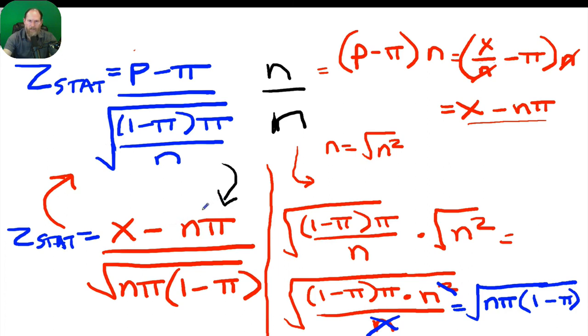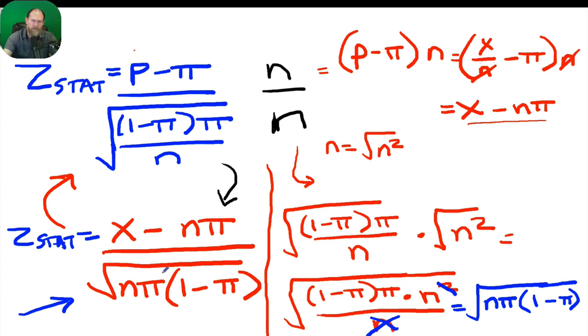So the bottom line is, have no fear. If Pearson comes back and tells you to use this formula, and you say, I've never seen that formula before, stick to your guns, use the formula that we used in class, or use this formula. You just got to know that x is the characteristic of interest.